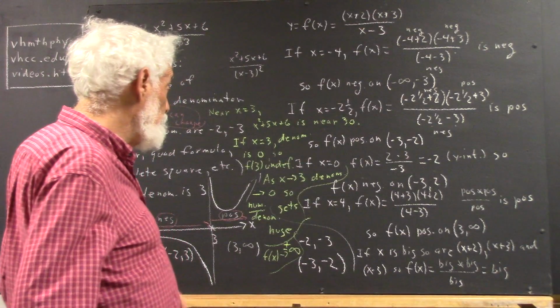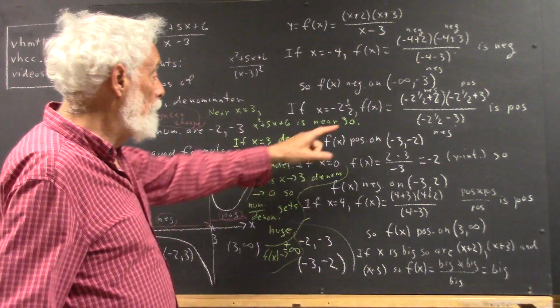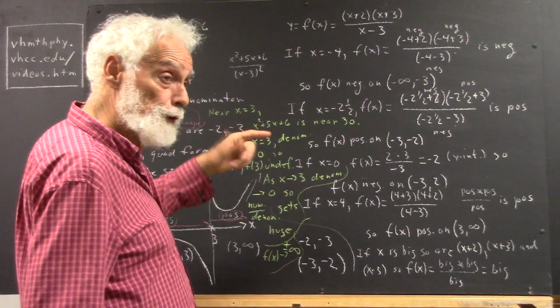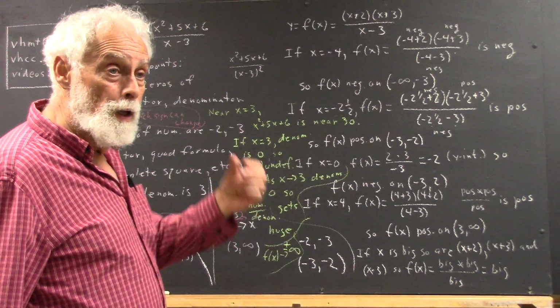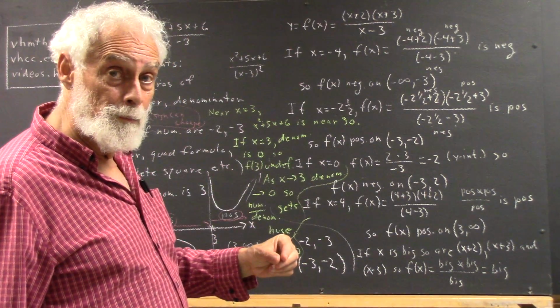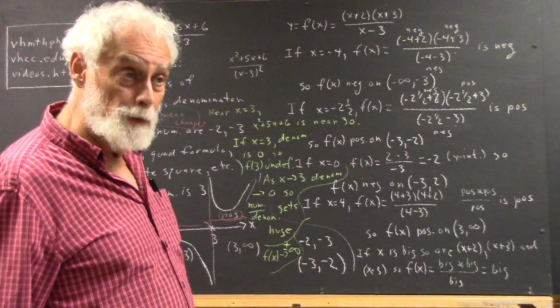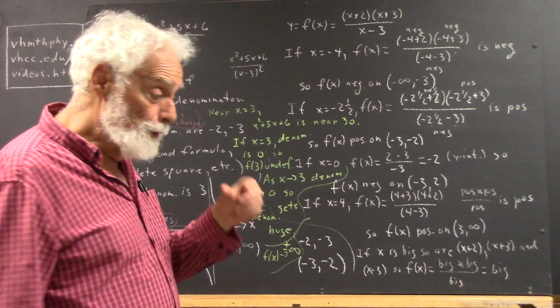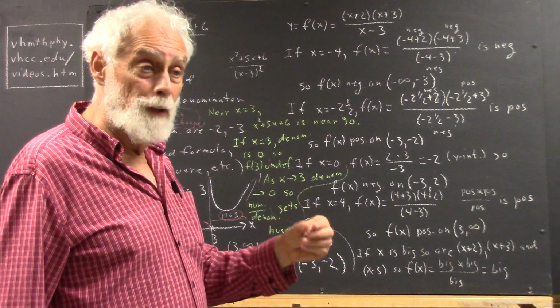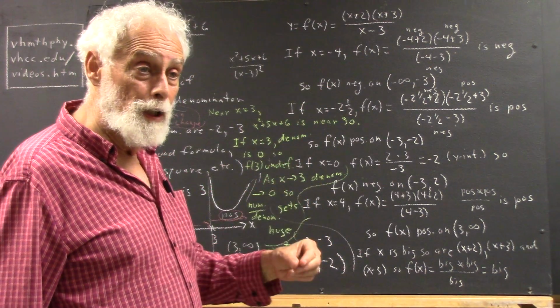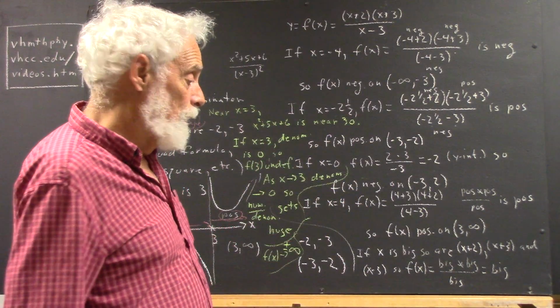But what's going to happen is, if you're close to 3, you're dividing 30 by a number that's close to 0. Now, if you divide by a number that's close to 0, what do you know about the result? Well, a number close to 0 will go into 30 a lot of times, and the closer that number is to 0, the more times it'll go into 30.